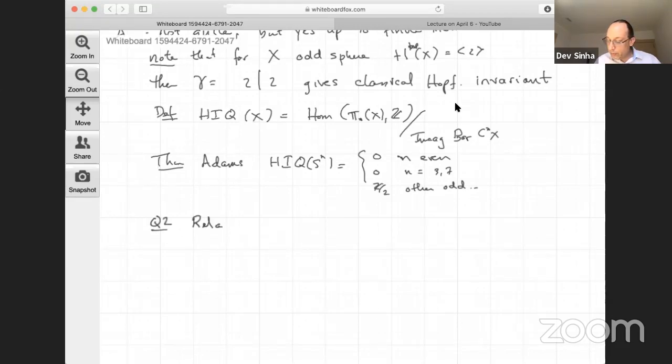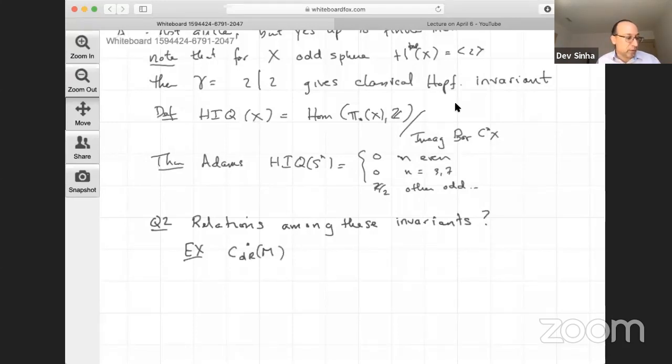are there relations among these? Really, how many are there? So for example, if I use a commutative model for cochains, in which case I would have to look at really real valued homomorphisms, or for those who know, the commutative model for cochains on a simplicial set, in which case I'm looking at rational valued, but the definitions go through the same.